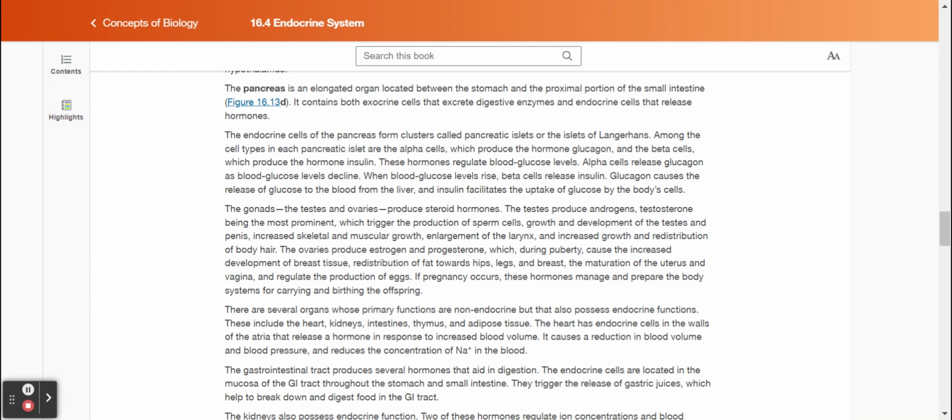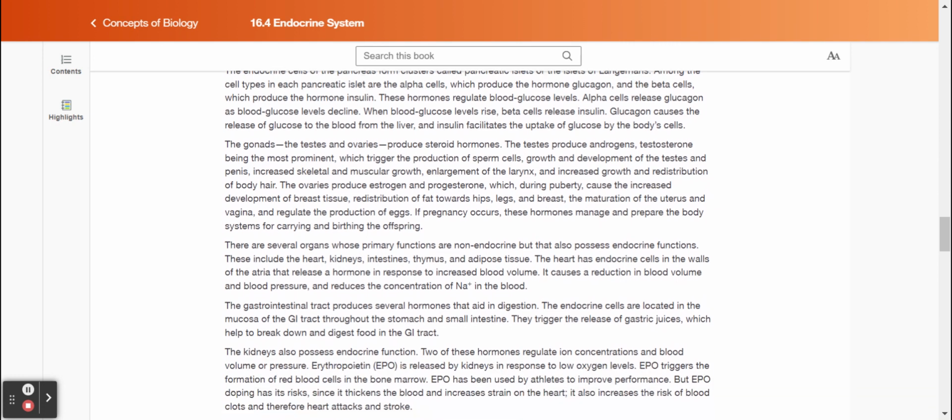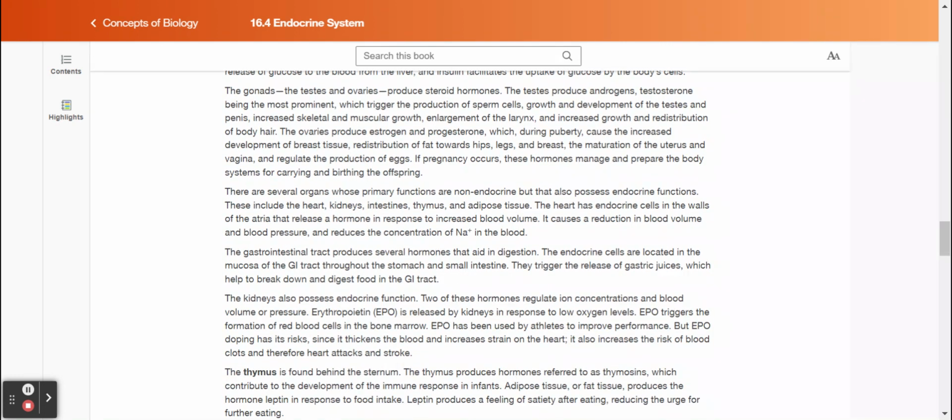These hormones regulate blood glucose levels. Alpha cells release glucagon as blood glucose levels decline. When blood glucose levels rise, beta cells release insulin. Glucagon causes the release of glucose to the blood from the liver, and insulin facilitates the uptake of glucose by the body's cells.